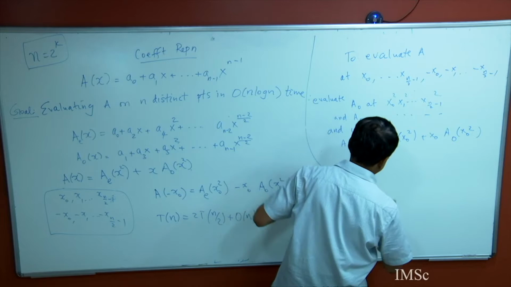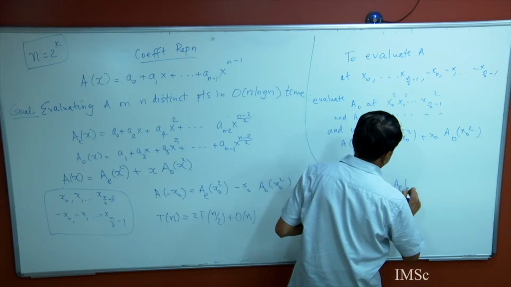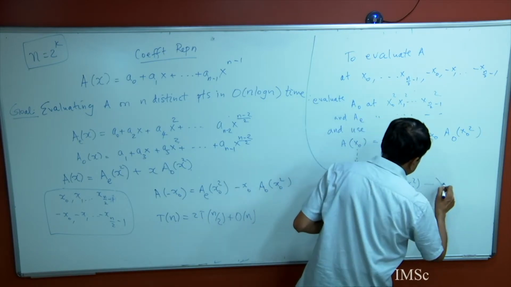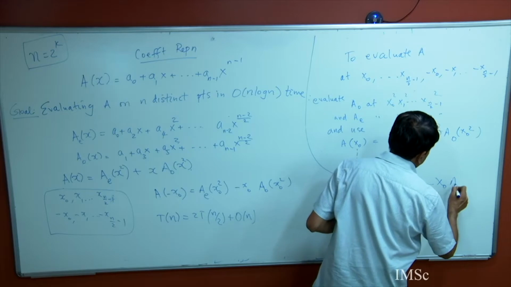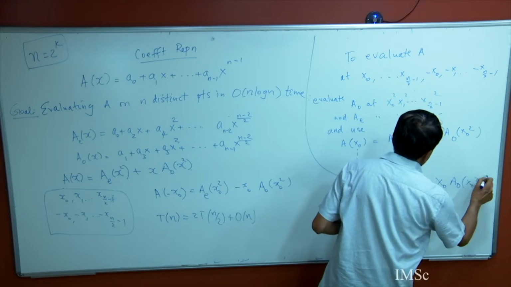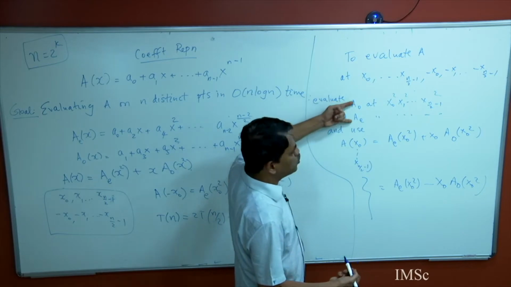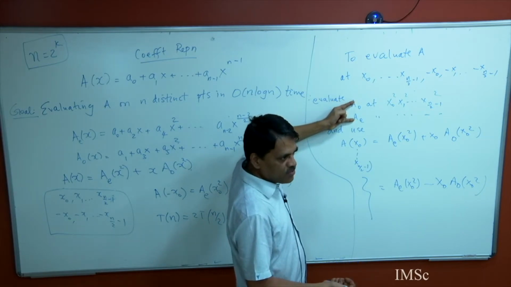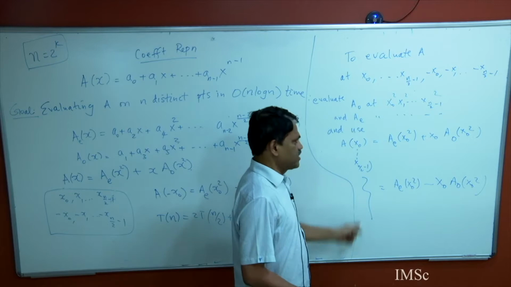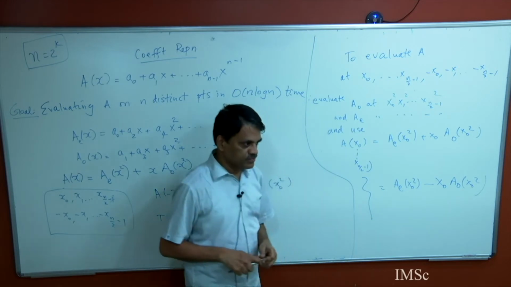And for the other guys, it's basically AE of x naught square minus x naught into AO of x naught square. So this whole thing is linear. So my recursive calls are these two recursive calls of size n by 2, and then this is a linear time thing to put things together.